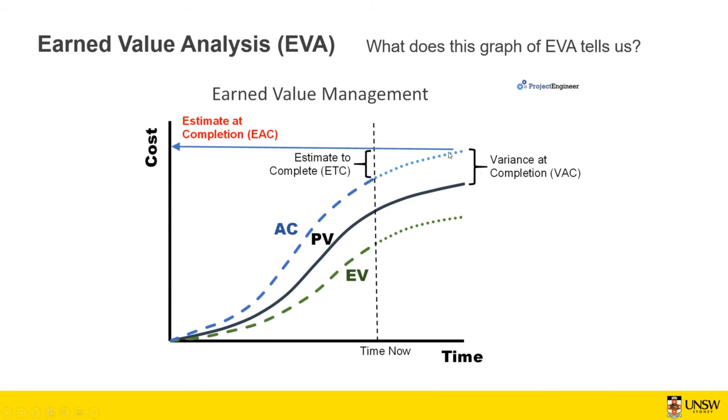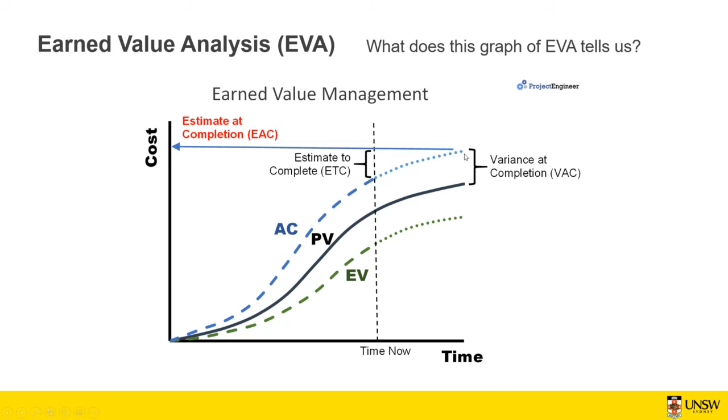So this is going to be an estimate. For example, you're predicting that this line is going to go like this, and by this time the project is finished, and this is the amount of money that you need to spend from now until the completion of the project.